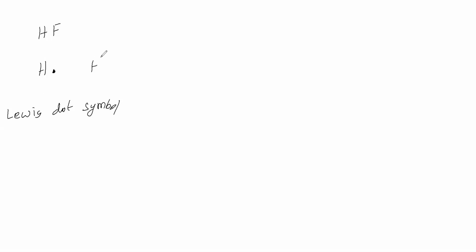This fluorine we will take. Fluorine comes under group 7A, therefore its valence shell contains 7 electrons. Now this hydrogen is in need of one more electron to get the duplet configuration.